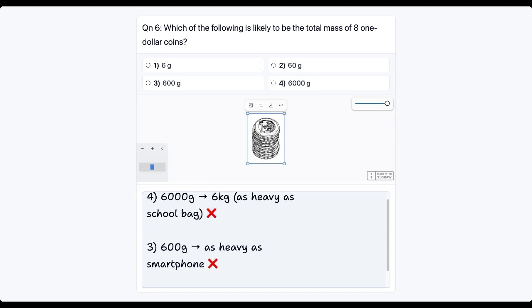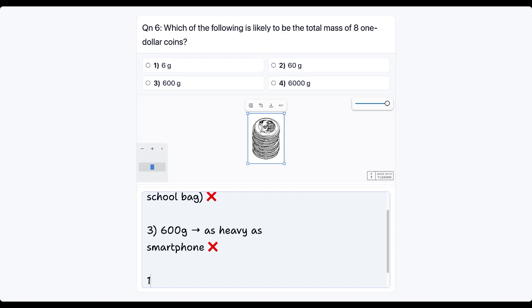Okay, what about 6 grams? How light is 6 grams?